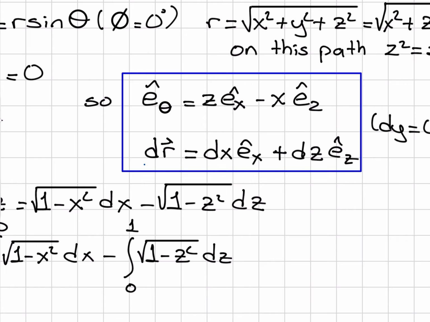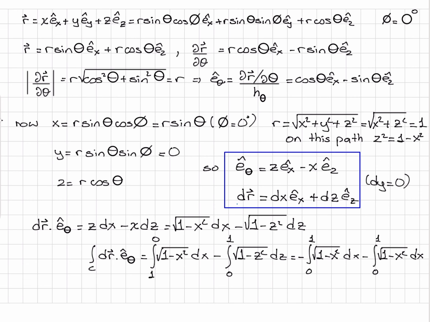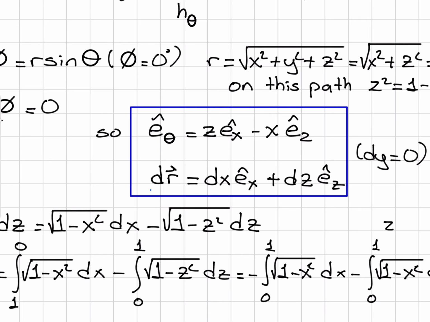And I can say that this is minus the integral 0 to 1 square root of 1 minus x squared dx, that's the first integral, minus the integral 0 to 1 square root of 1 minus x squared. x or z doesn't matter, it's just an integration variable, so I have replaced z with x.